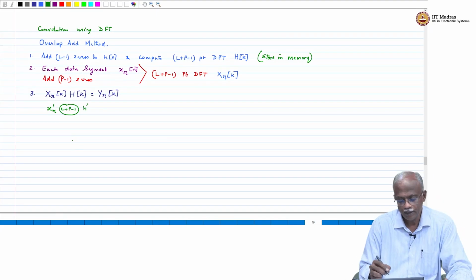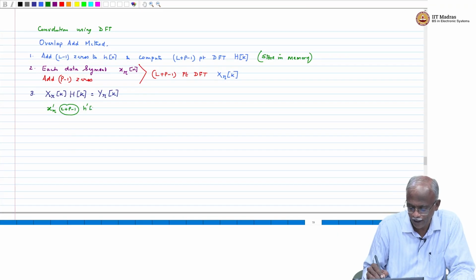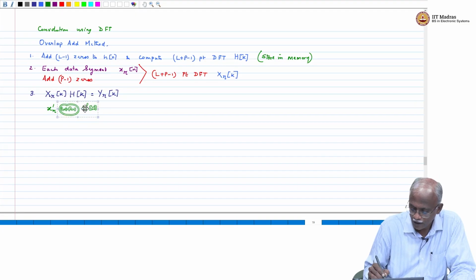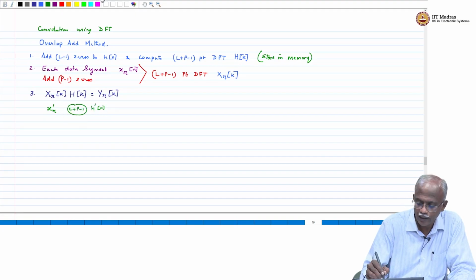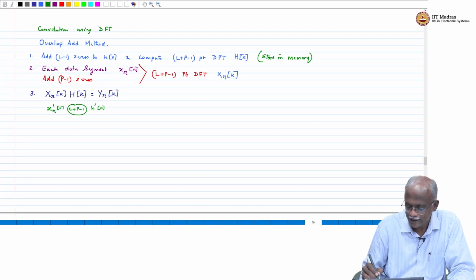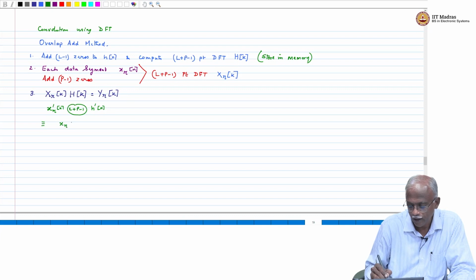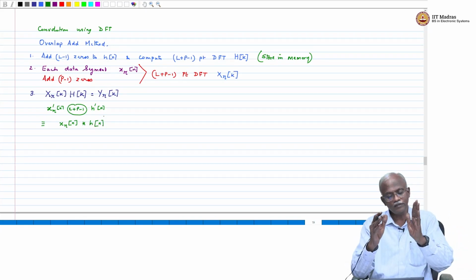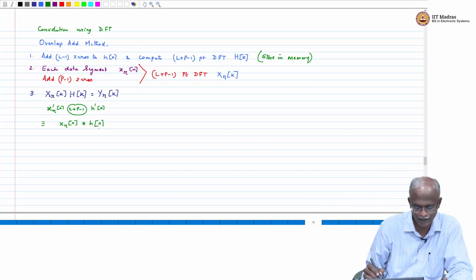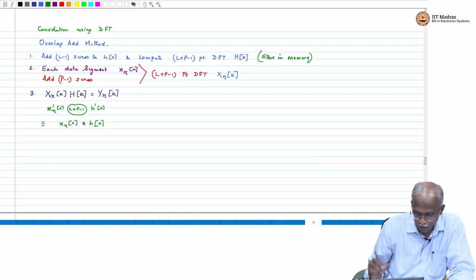Okay, so basically h prime of n, this will be x r prime of n. Okay, this is the same as x r of n linear convolution with h of n. That's what we wanted to achieve. Through circular convolution via the DFT, we get this expression. This is what we are interested in.